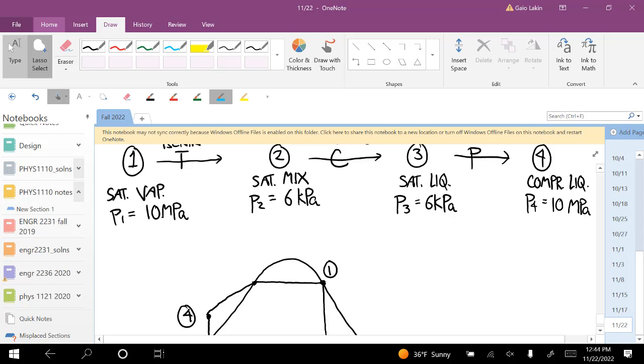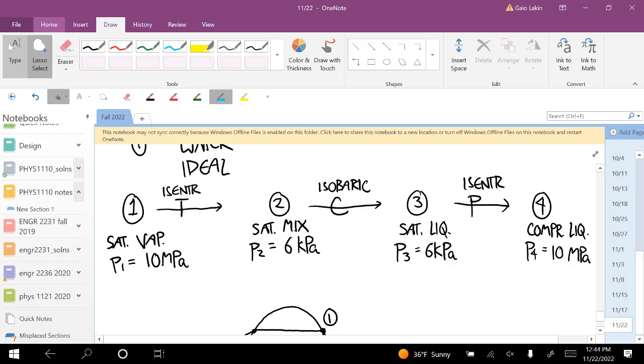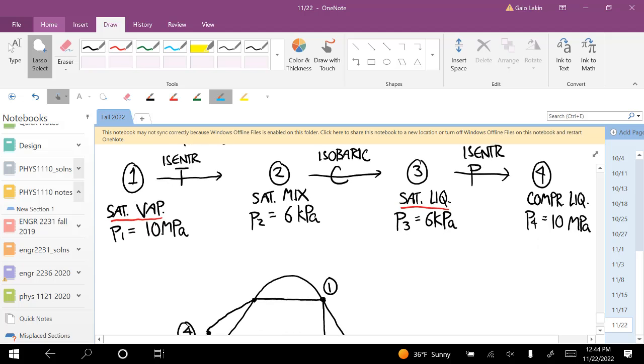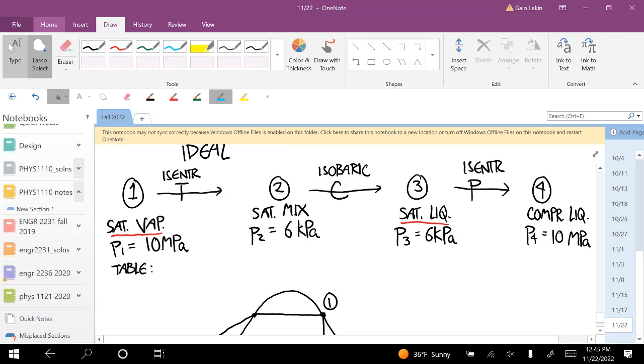Okay, so where can we look stuff up? This is water, so we have tables for it. Well, we can use the tables right away to find the enthalpies at state 1 and state 3. Because for a saturated vapor and a saturated liquid, all you need is the pressure, and we have the pressure.